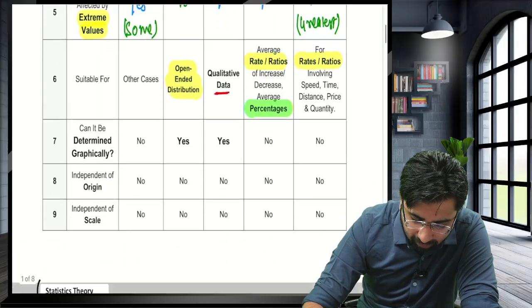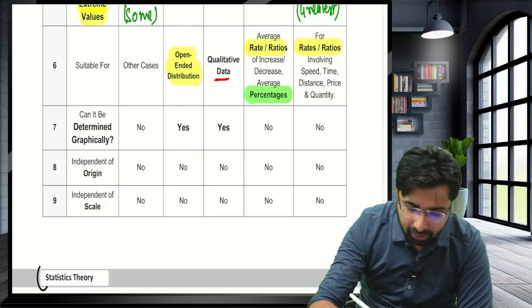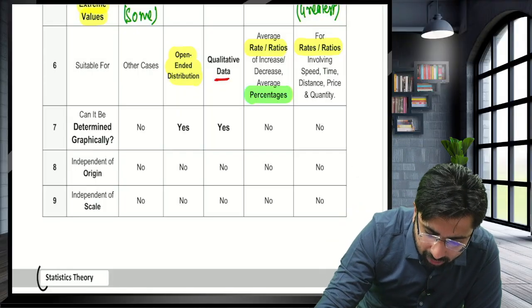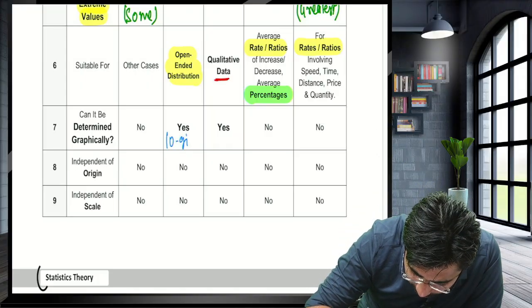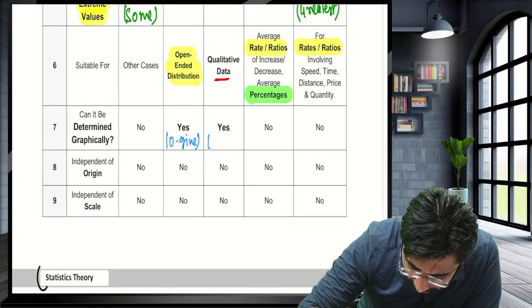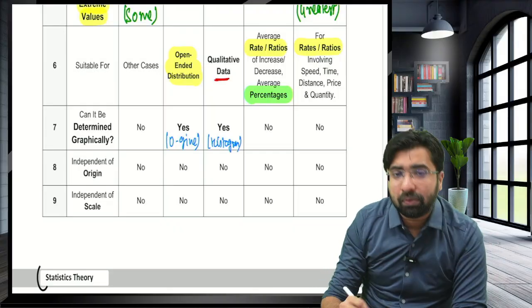Now let's move forward, guys. Mean cannot be calculated graphically, but you can calculate the median. Tell me which graph from the measures of statistical description of data gives what. The ogive gives us the median, and the histogram gives us the mode.